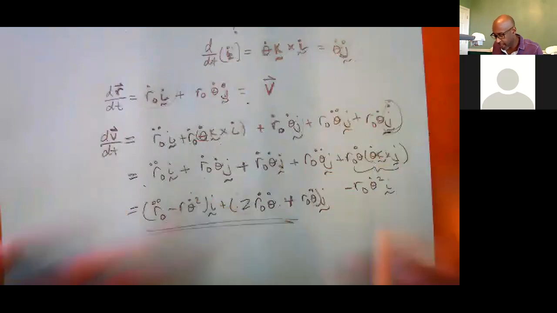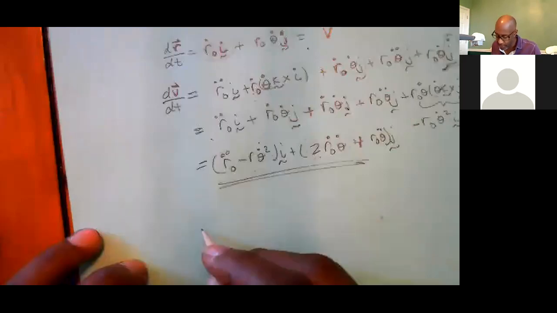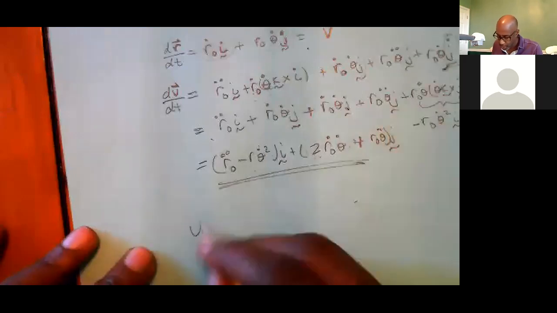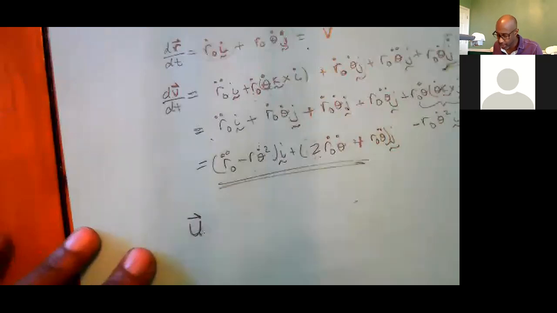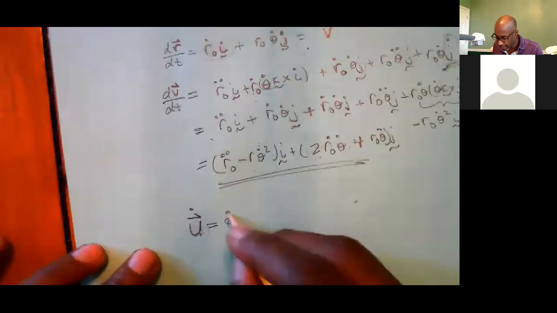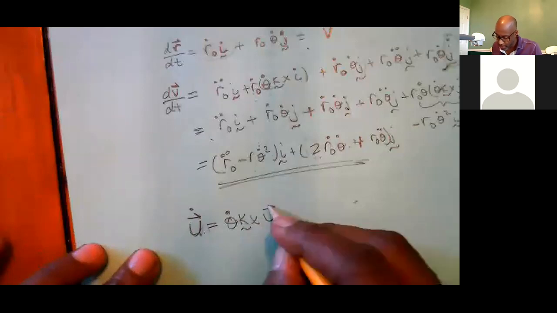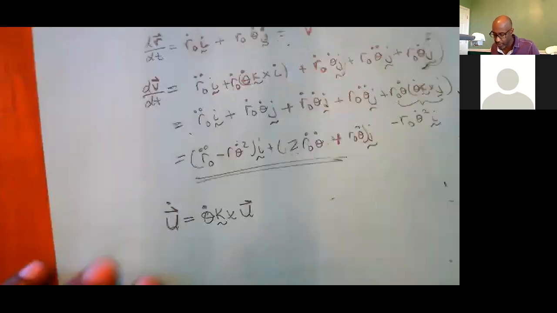So really, whenever you have, and I don't know how the book wrote it, but they basically said that if we take the derivative of a unit vector, we call it u, then that's equal to theta dot k cross u. That's how you take the derivative of a unit vector. Okay.